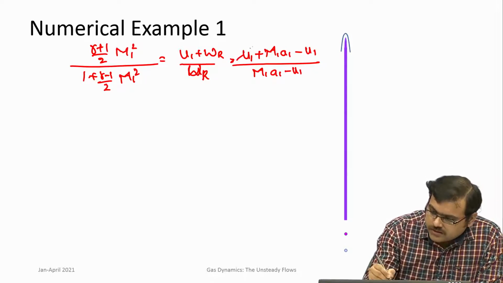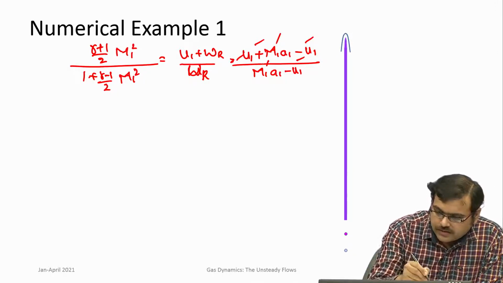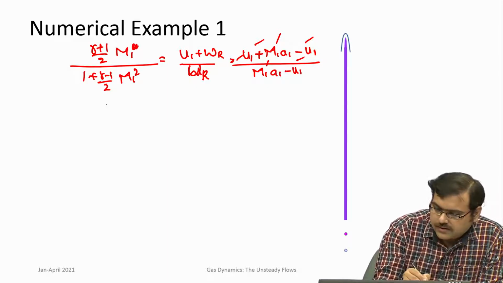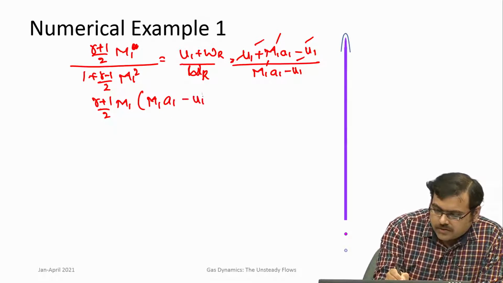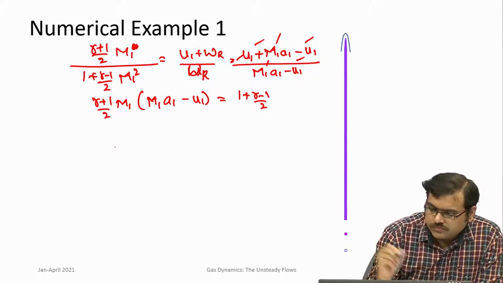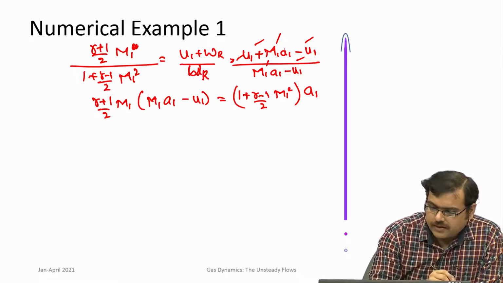So here these terms go off, so you get m1 a1, and 1 by 2 m1 can be cancelled off with this 2 here. So now you get (gamma plus 1) by 2 m1 multiplied by (m1 a1 minus u1) equal to 1 plus (gamma minus 1) by 2 m1 square multiplied by a1, because a1 is still remaining here.